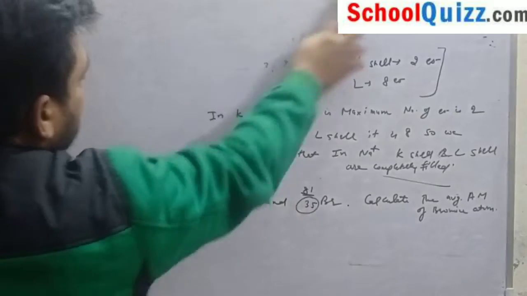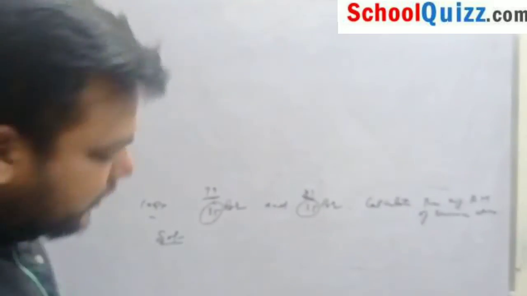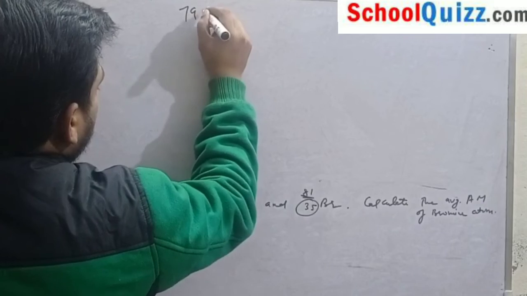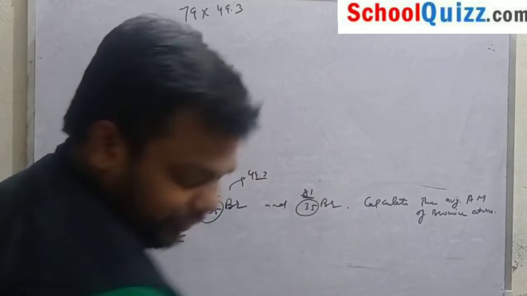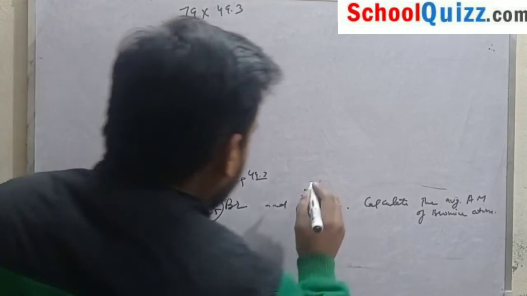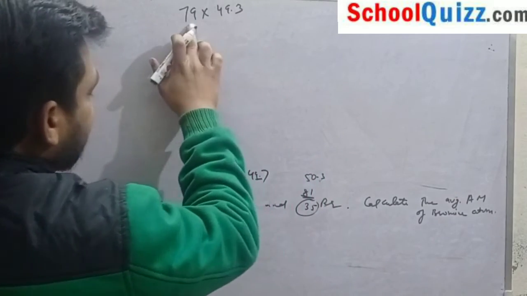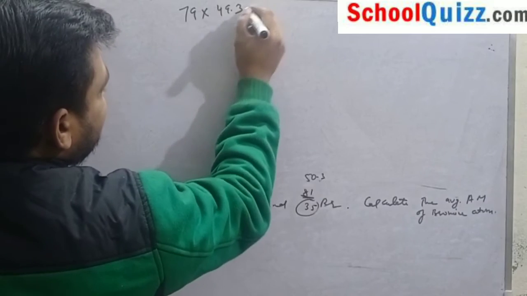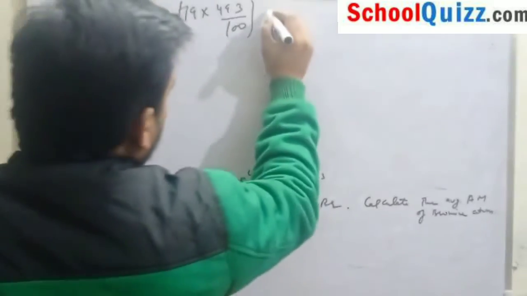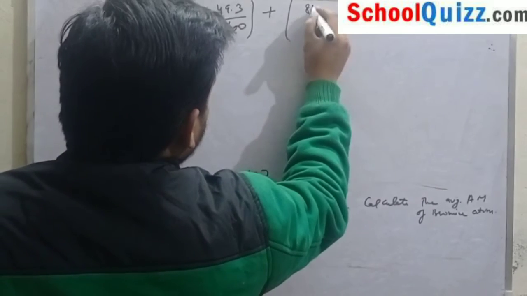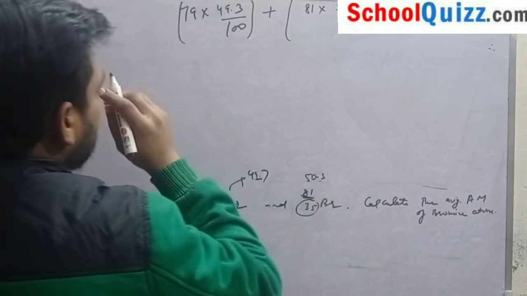So first we will start on question number 10. We will take the percentages given: 49.7 for the first and 50.3 for the second. So atomic mass is 79 multiplied by percentage, we will remove the percentage sign and 100 comes below, plus next one is 81 into 50.3 upon 100.